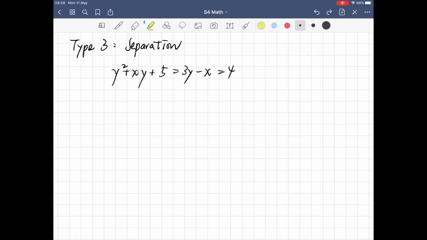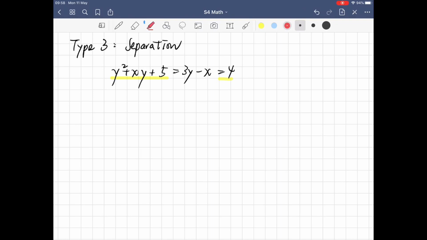So the third type of question is about separation. And now we have y squared plus xy plus 5 equals 3y minus x equals 4. So we have to separate it into two equations. Okay, so the first one will be y squared plus xy plus 5 equals 4.